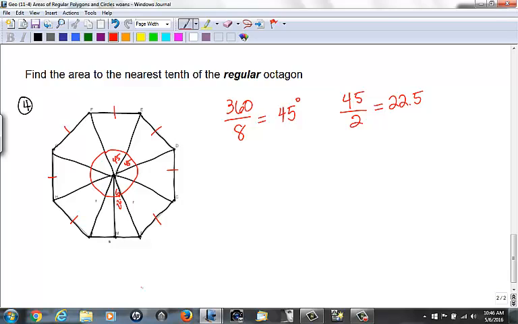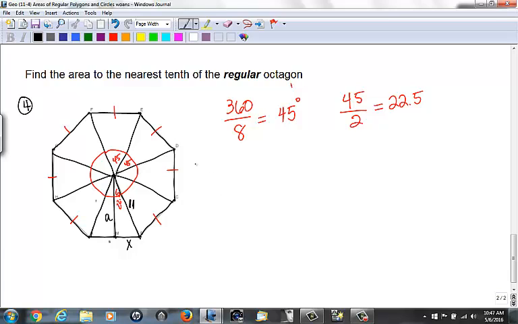On this one, look and see. I don't think I marked it. This is 11. I don't think that showed up on your paper. The hypotenuse there is 11. And we need to figure the apothem, and we need to figure this x value.